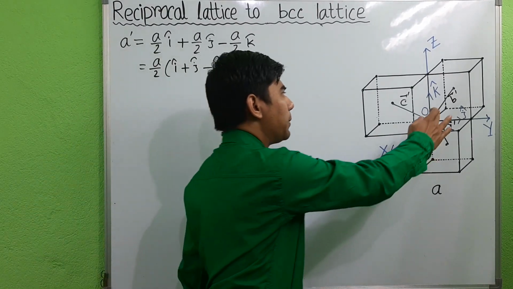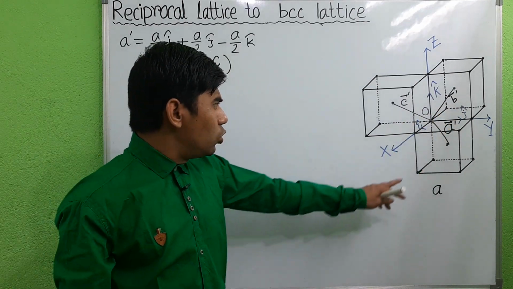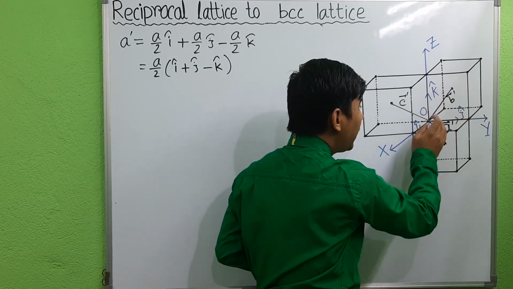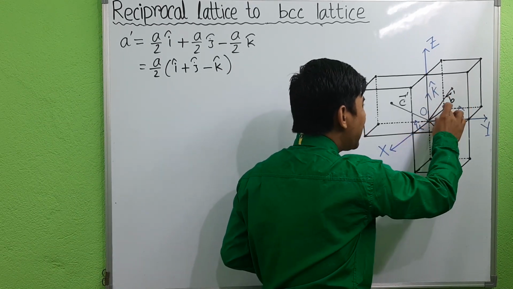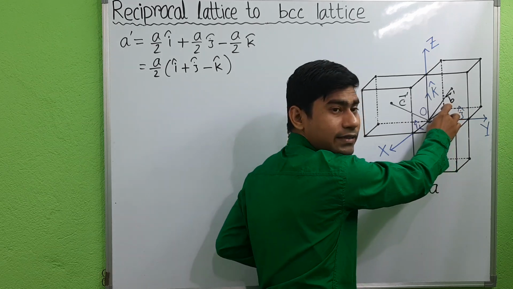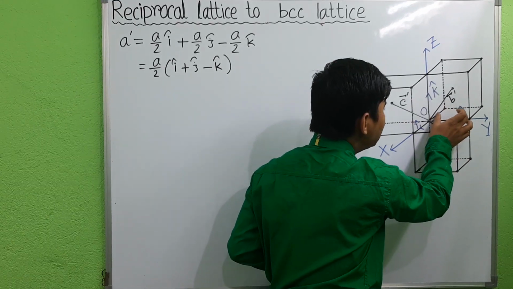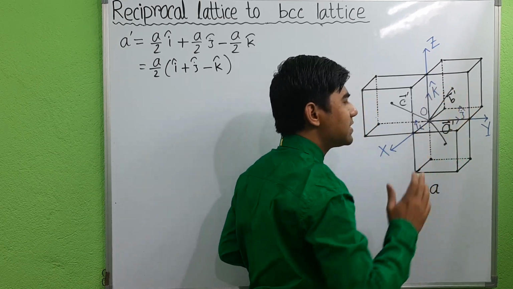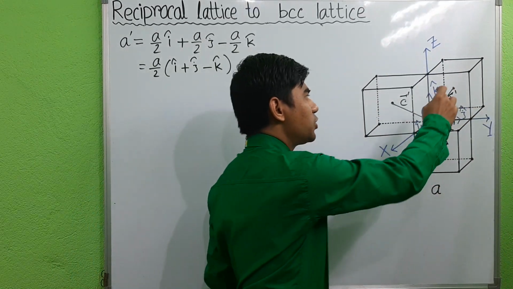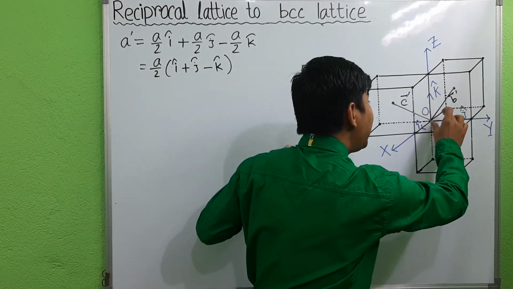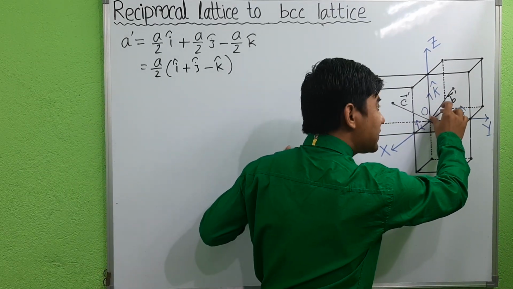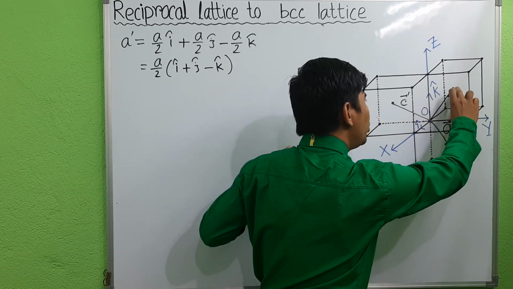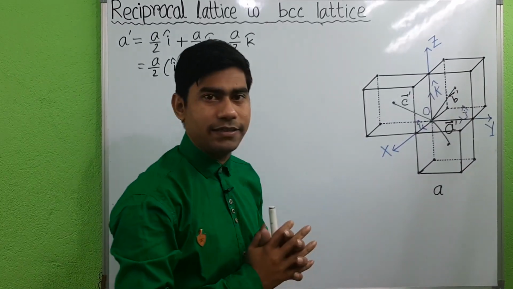Now we calculate b dash. To reach this point we have to go minus a by 2 distance along the x axis, a by 2 distance along the y axis, and a by 2 distance along the z axis.